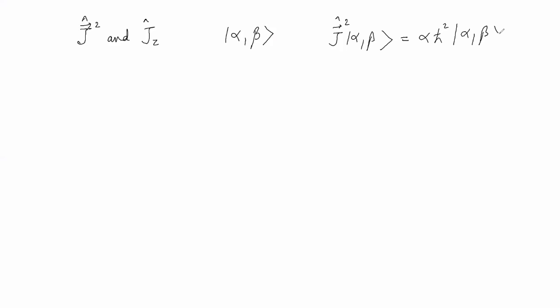On the last turn, we were discussing angular momentum, and we'll continue with that. What I had told you is that the operators J square and Jz are represented by common eigenstates alpha beta with the property that J square alpha beta gives an eigenvalue alpha h cross square alpha beta, and Jz alpha beta gives a value beta h cross alpha beta.